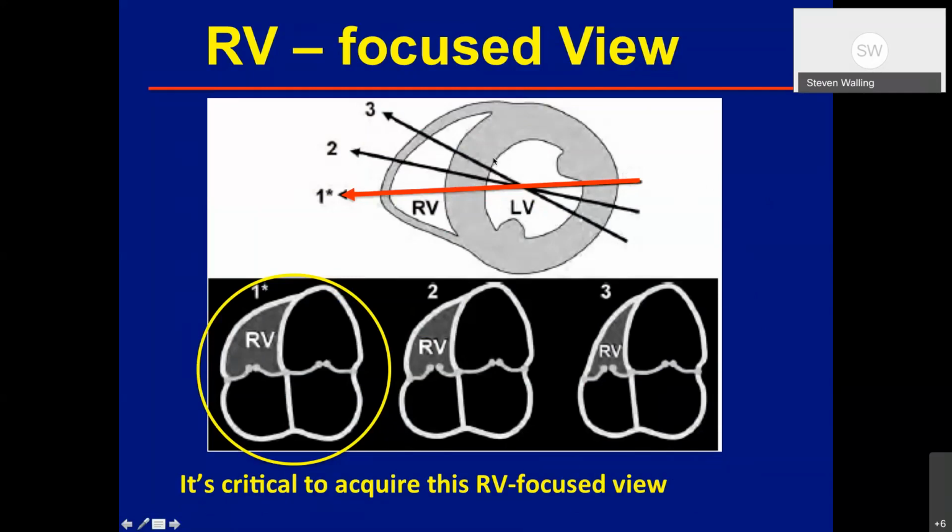The surprise you see is that because the LV is relatively circular, the size of the LV across all three views is very similar, but it makes a very different size for the RV because the RV is a very complex 3D structure. As you cross the 3 lines, it's the smallest and gets bigger and bigger. And this is the so-called RV focused view, which gives you the larger minor dimension. It's very important to acquire this view.